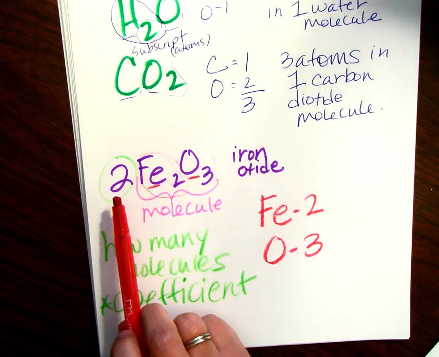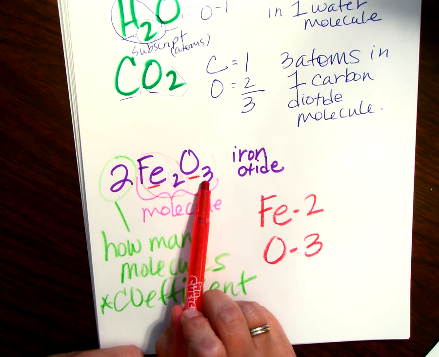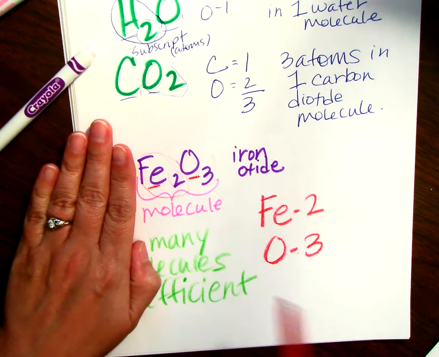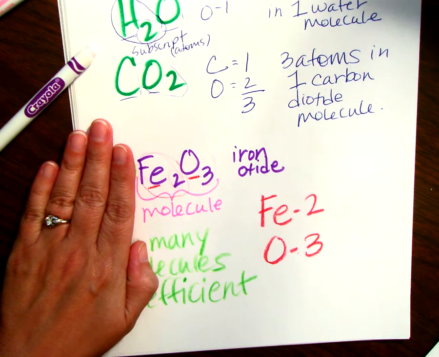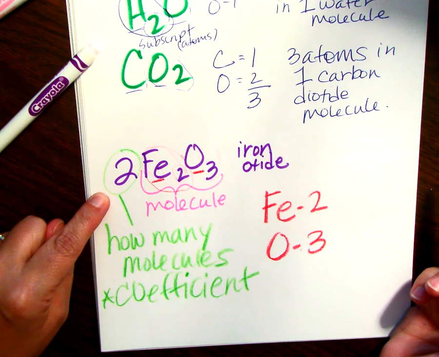Now because of this coefficient, we're going to multiply this by 2. If this wasn't there, that would be 1 molecule, and this would be fine. But this means that there's 2 molecules.